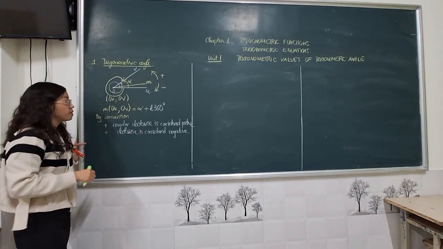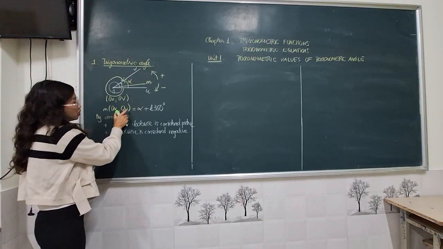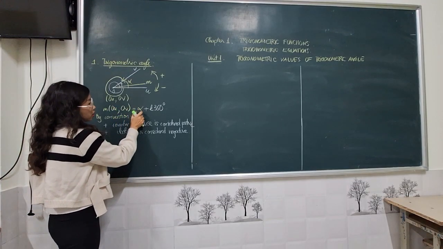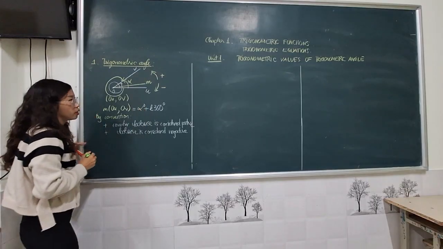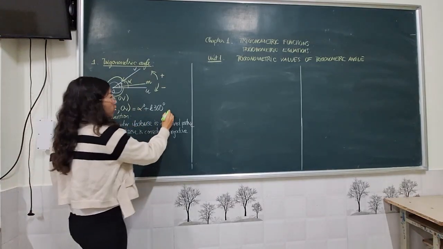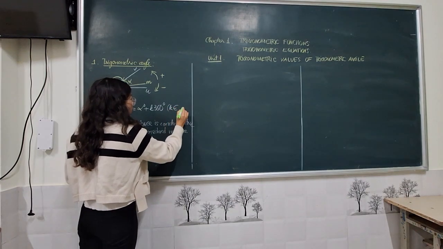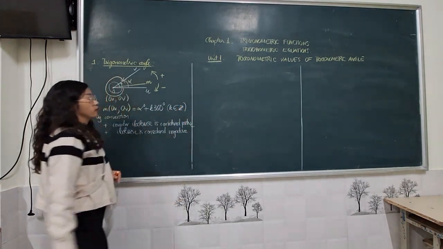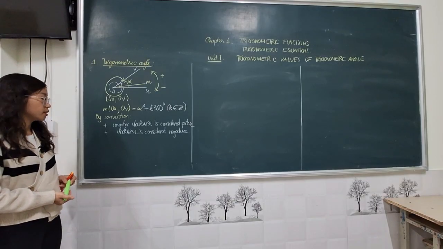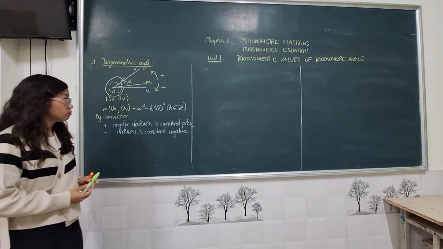And in general, the measure of the trigonometric angle is written by the notation alpha degrees plus k times 360 degrees, with k belonging to Z, the integers.